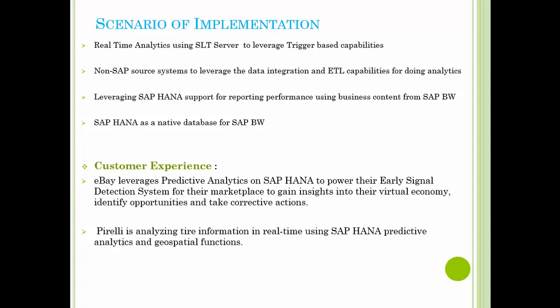And the third usage scenario of SAP HANA would be to leverage SAP HANA support for reporting performance using business content from SAP BW. We know that in traditional cases, SAP BWA was used for this purpose, but SAP HANA can also deliver the same task. In fact, SAP HANA is much beyond SAP BWA.